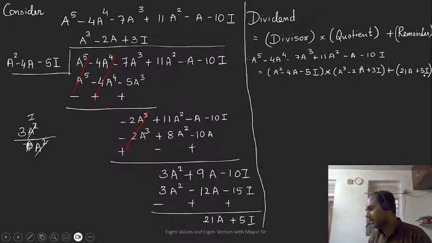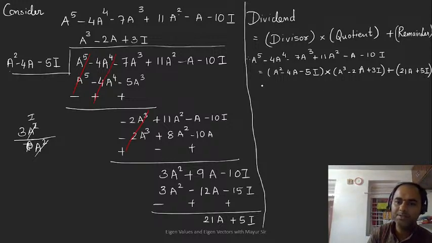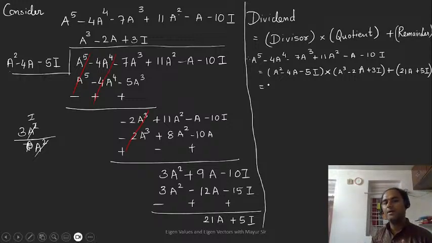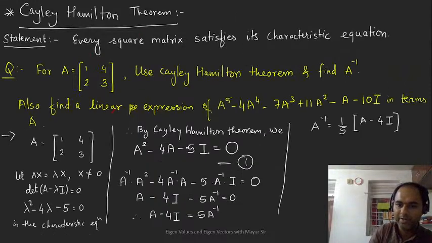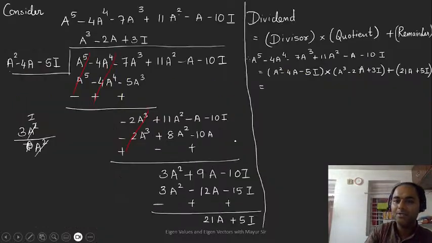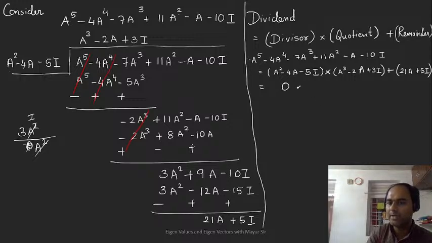Now how do we go about this next? What do we know about the characteristic polynomial? That it is equal to 0. By the Cayley Hamilton theorem, the value is O, right? So here you get O into a cube minus 2a plus 3i, plus 21a plus 5i.